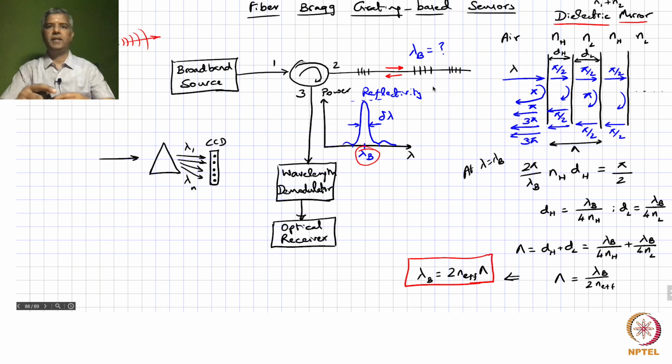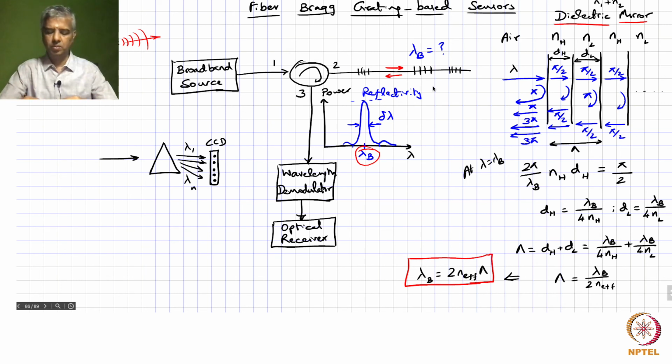We've been looking at fiber Bragg grating based sensors as an example of wavelength modulated sensors, and so far we've discussed how we can use this as a sensor.